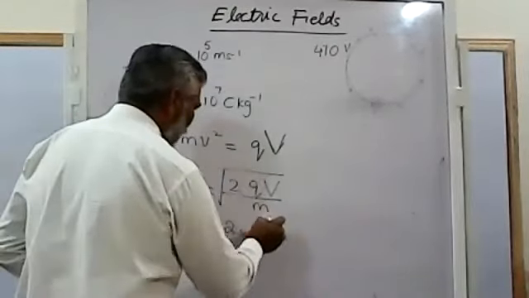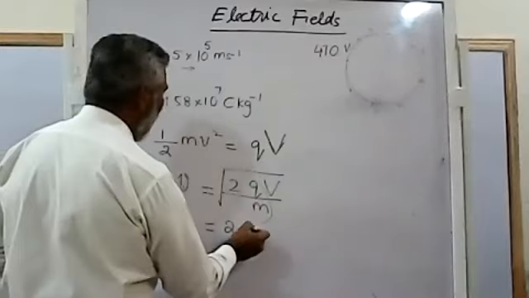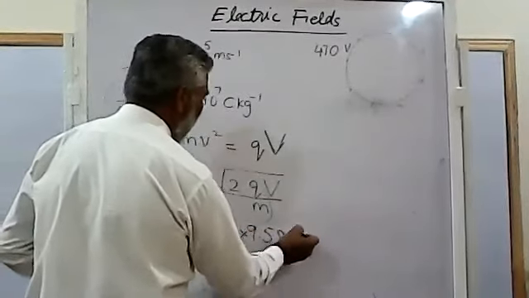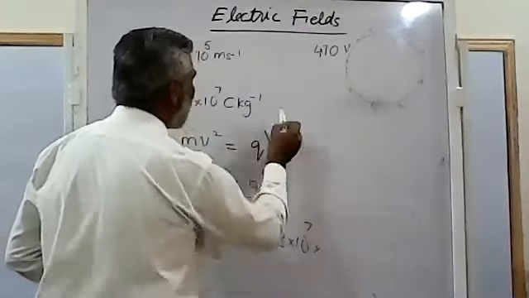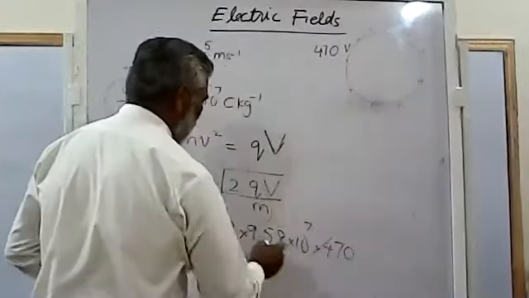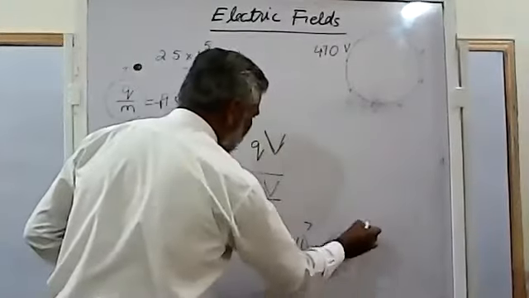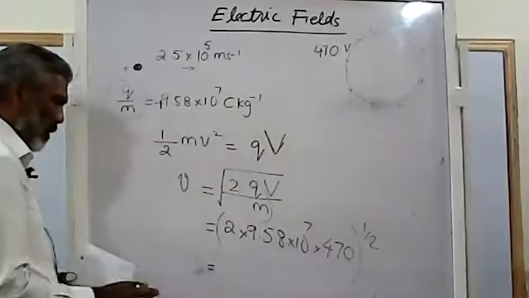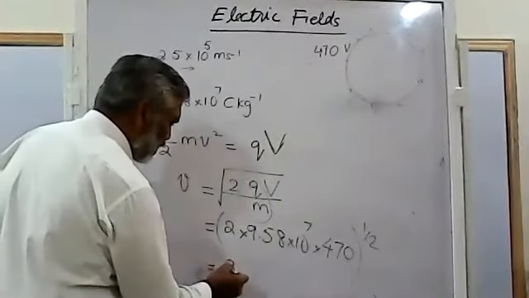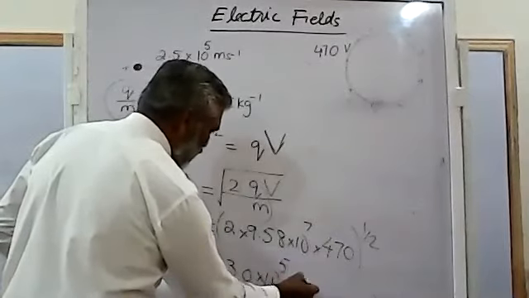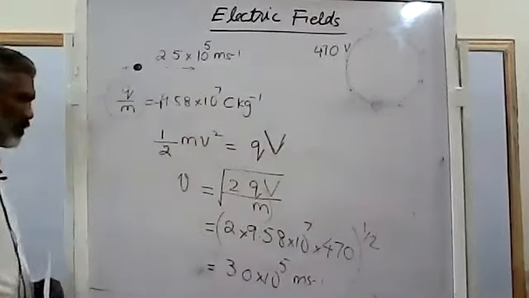So Q over M, which we know is 9.58 into 10 raised to the power 7. This V is also known, and that is 470 volt. This is all under root. When I calculate this, the answer I get is 3 into 10 raised to the power 5 meter per second.